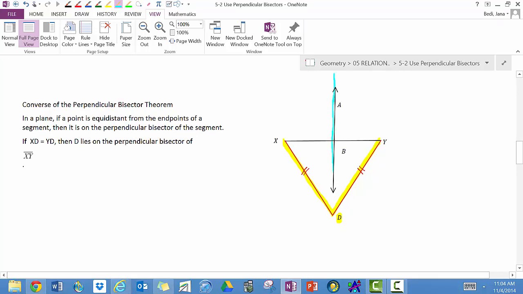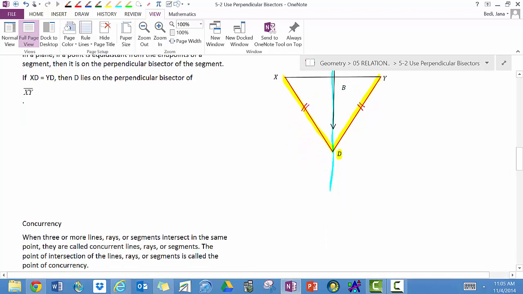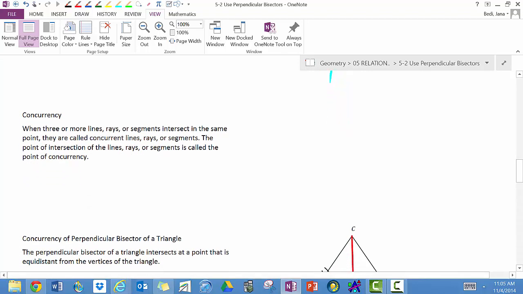So that perpendicular bisector will actually go through D. And the given here is that DX equals DY. What follows is that it lies on line AB, which is the perpendicular bisector of XY. So focus on what's the given.